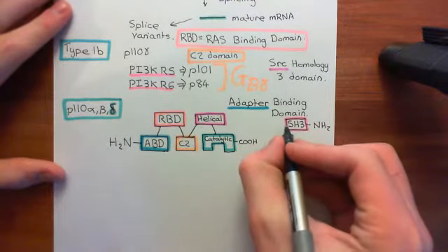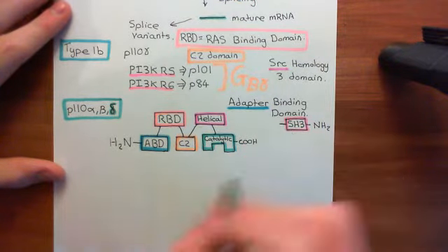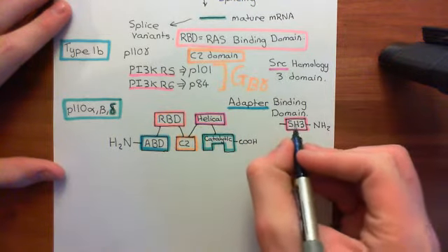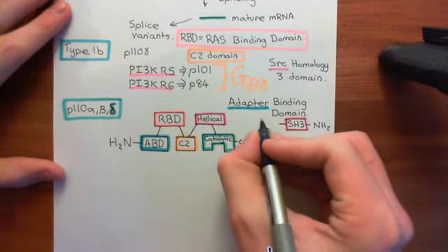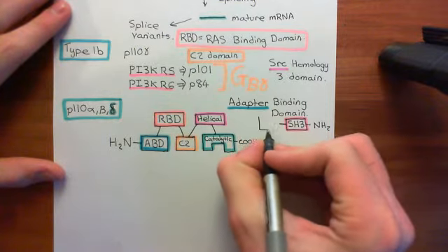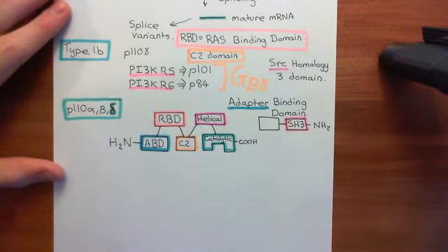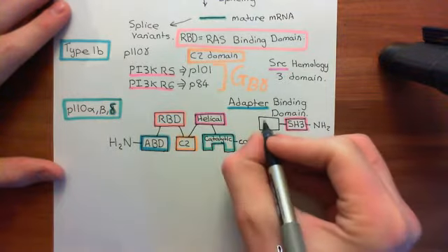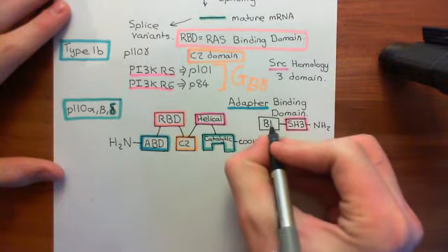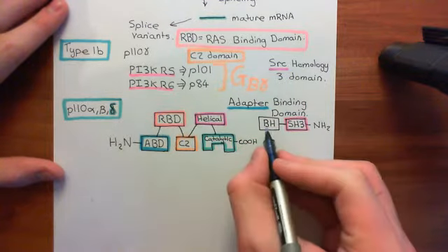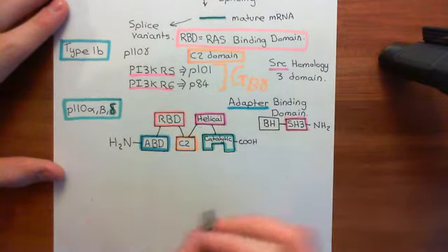Right. So SH3 is our first domain that is present in these big ones, but not in the small ones. And it doesn't seem to be essential. We don't actually know what it's doing in these regulatory subunits of PI3 kinase proteins. The next domain after the SH3 domain is what's known as a breakpoint cluster homology domain.